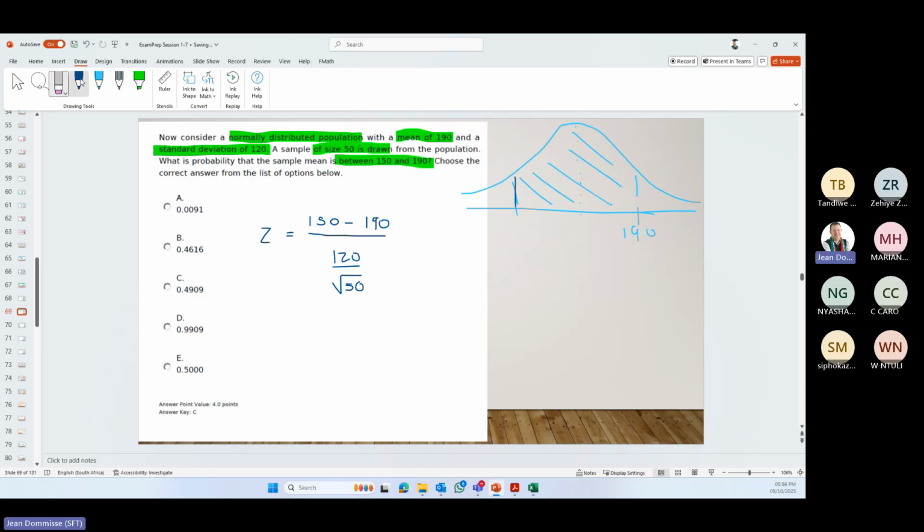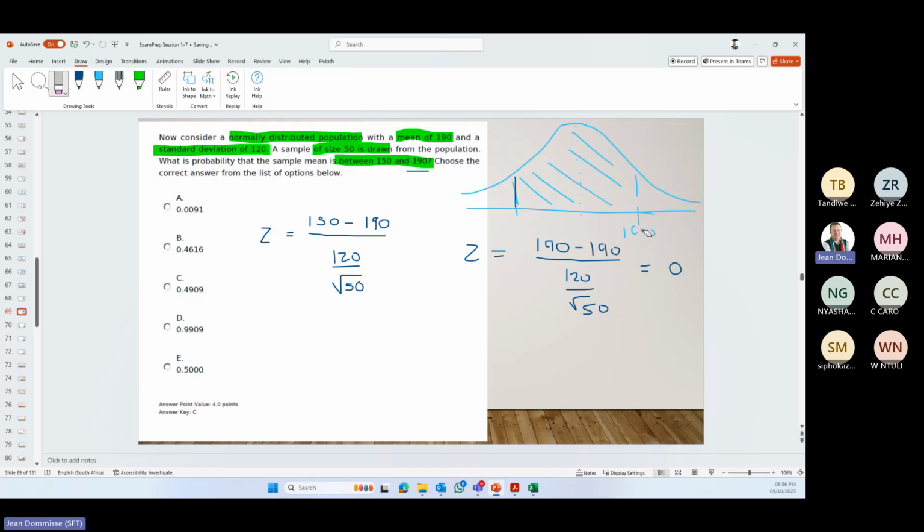The other z that we work with is for 190. So 190 minus 190 is 0, so we will end up with 0.